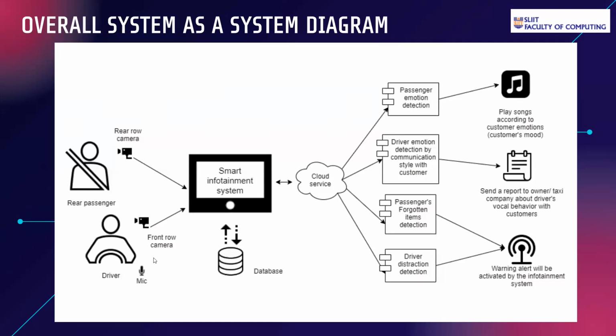There is also a microphone, which is helpful for driver vocal behavior detection. The backend part of the service is in a Cloud EC2 instance, and there we have the 4 components, and we need an internet connection to the smart infotainment system to do the functionalities.